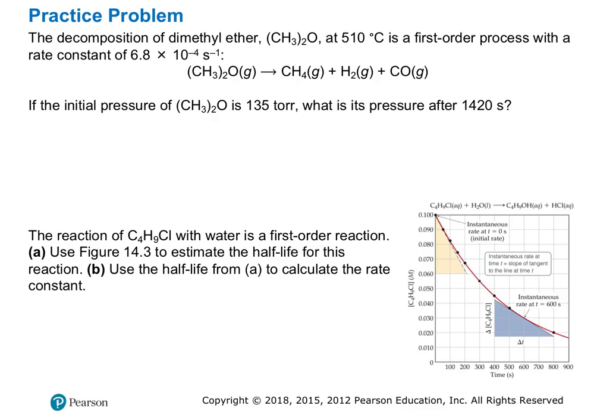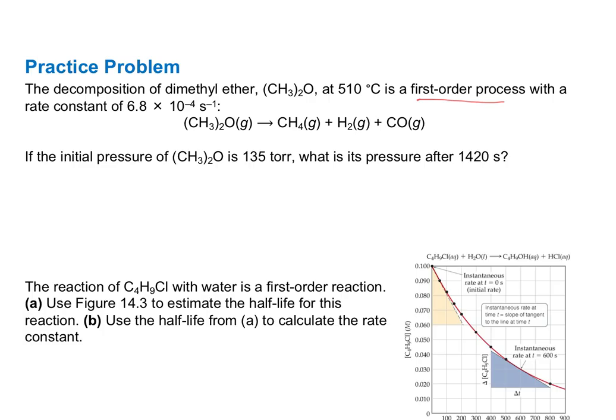Now let's practice. The decomposition of dimethyl ether at 510 degrees Celsius is a first order process. When it tells you it's first order, there are a couple things you can do. You can know that the rate is equal to K times that chemical, dimethyl ether, to the first power.